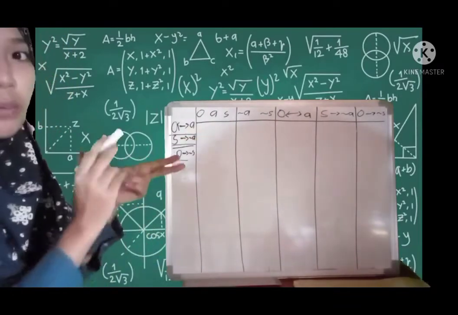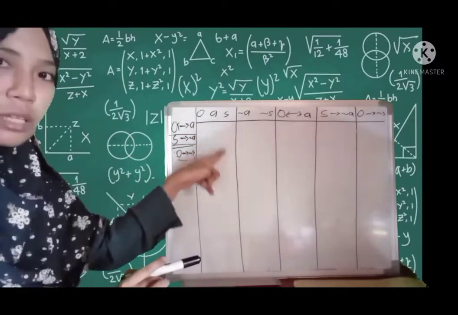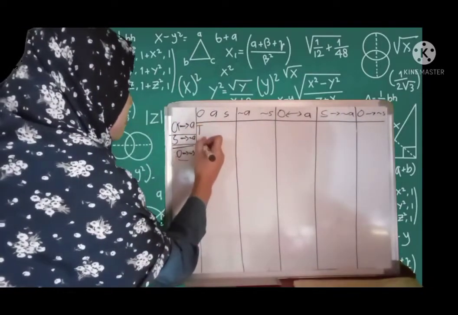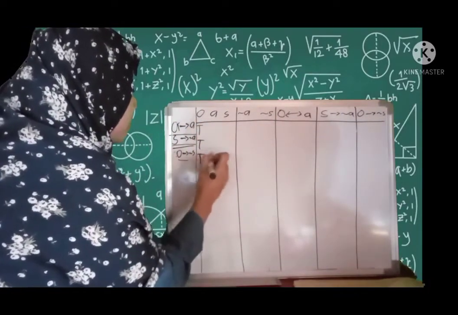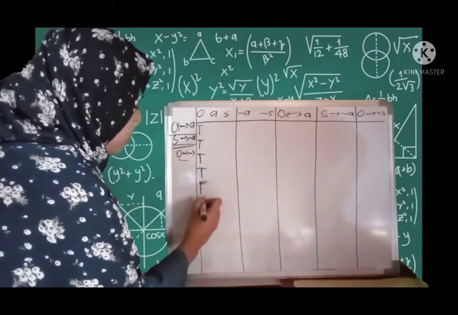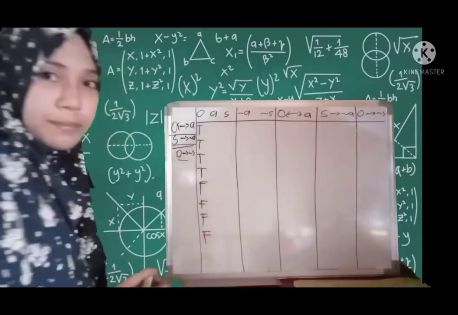Then dito naman, dalawang truth, dalawang false. Dito naman, alternate. Isang true, isang false. So, ganito ang pagsulat. 1, 2, 3, 4. Then, 1, 2, 3, 4.